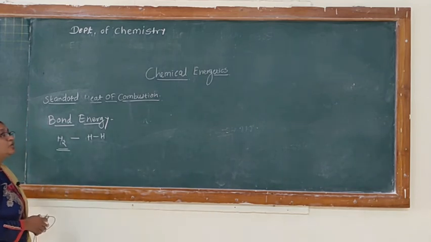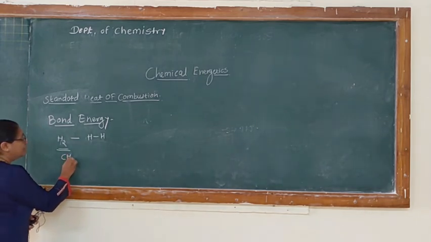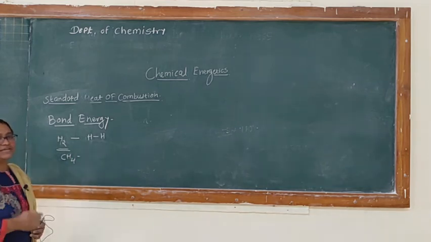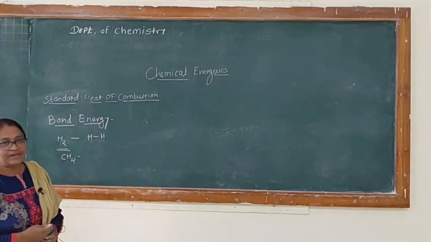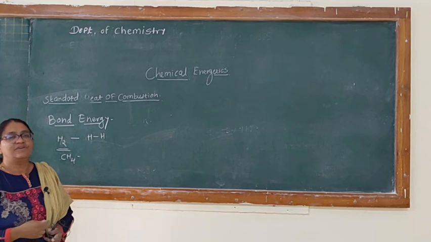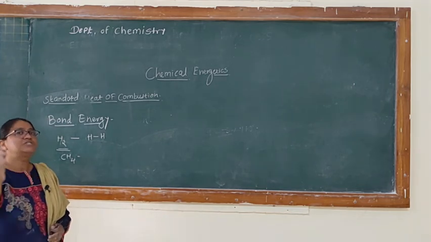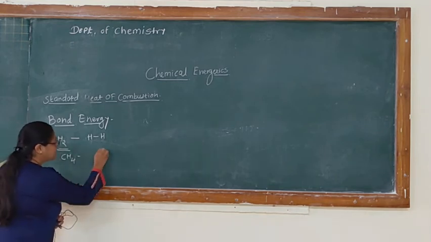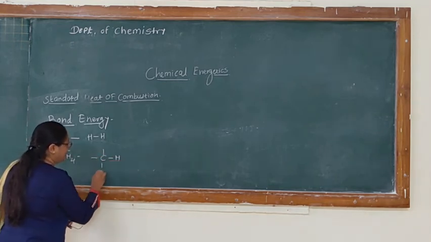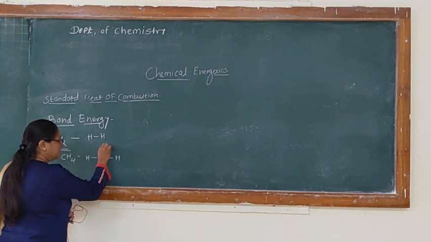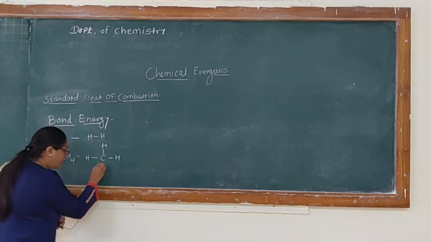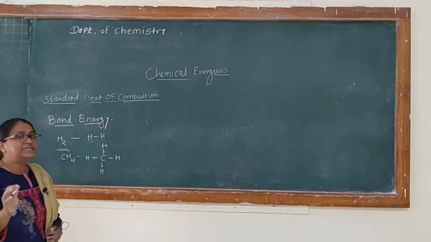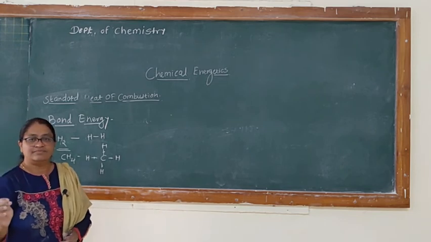But for polyatomic molecules like methane, now four bonds are there. Four C-H bonds are there. So how will the bond energy be? For each C-H bond, the bond energies are different. They are not all the same. So every one of these bonds doesn't have the same bond energy.